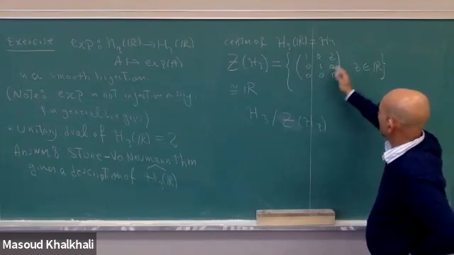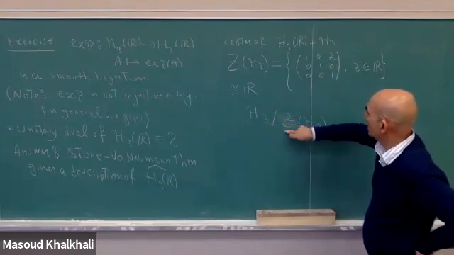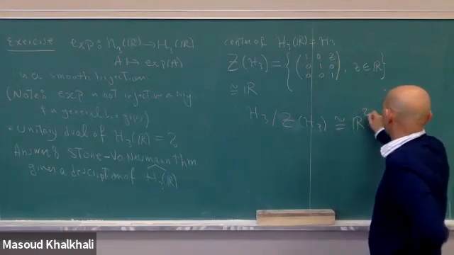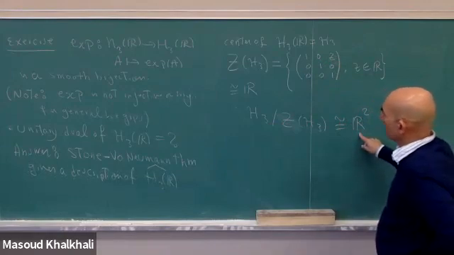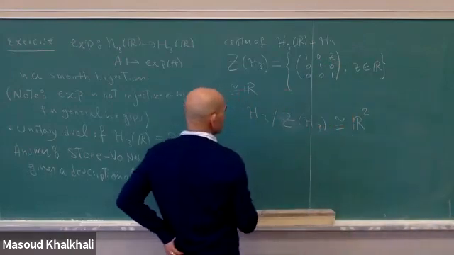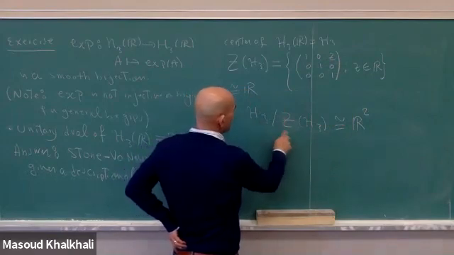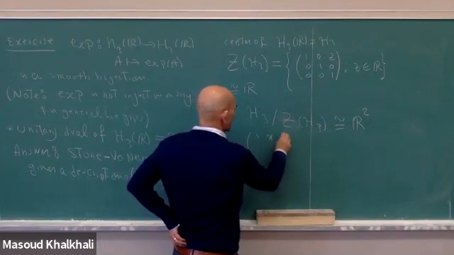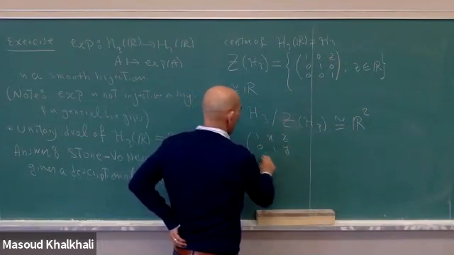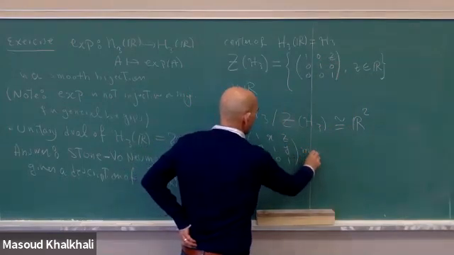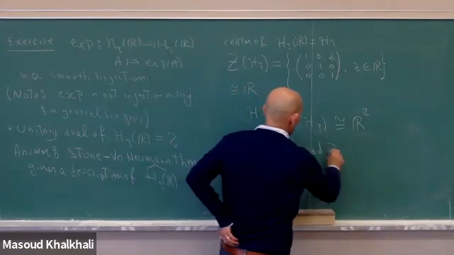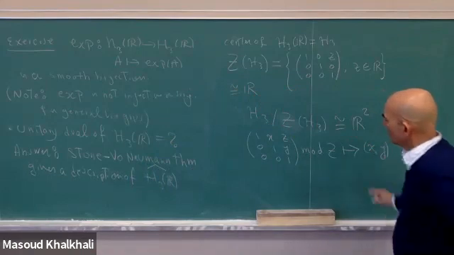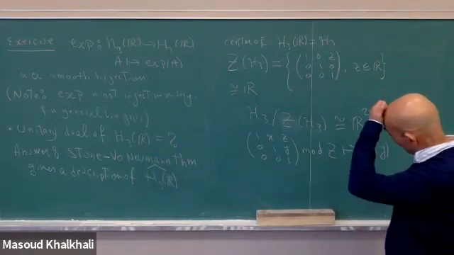When you write out the matrix multiplication, you see that in the quotient these elements act exactly like the abelian group R2. So the map is like this: the matrix with x, z, y, mod center, is mapped to the pair (x, y). So this is a bijection. It's a group isomorphism.